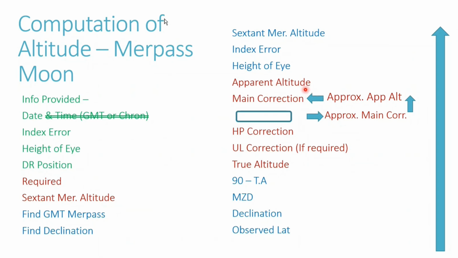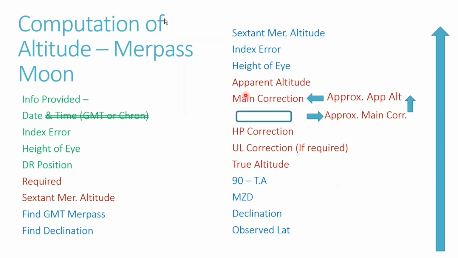Once the apparent altitude is obtained, the remaining method is simple, as for sun, star and planet. You apply the dip correction in reverse, you apply the index error in reverse, and you get the sextant meridian altitude of the moon. Now this process which we have done here is known as iteration.